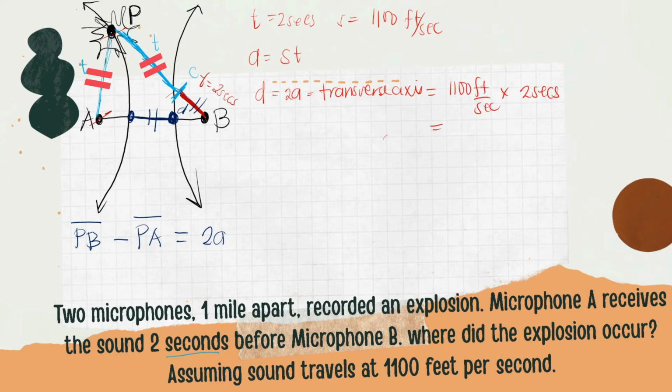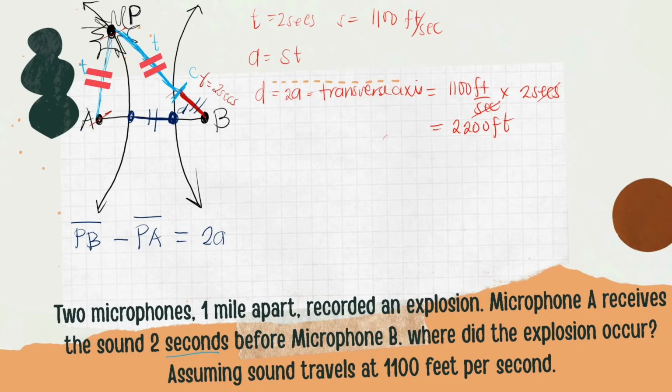So, that is 2,200 feet. So, ibig sabihin yung distance D na ito, that is equivalent to 2,200 feet. So, yan yung distance na na-travel after nung time na na-reach na ng sound yung point A.